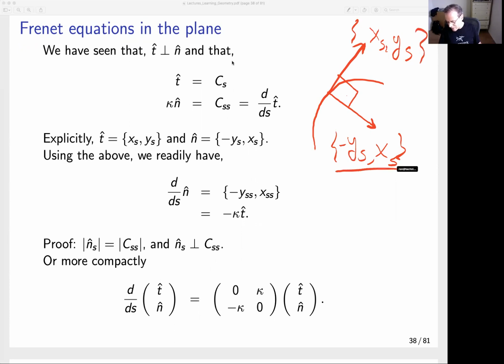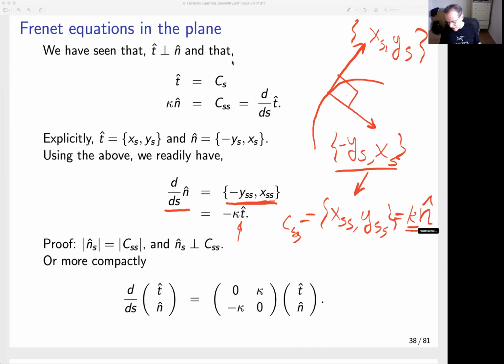Now, if I take the derivative of this with respect to s, what I get by definition is y_ss, x_ss, which is nothing but, since we know that x_ss, y_ss is by definition C_ss, which is by definition kappa n. So this would be orthogonal to kappa n. So the direction would be the tangent, and the value would be the same scalar, which is the curvature.